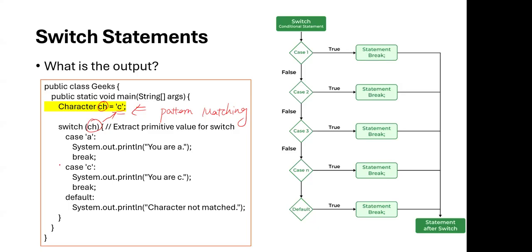And then it matches this case. As long as it matches some case, it will not fall into the default. So the program will output the letter C in the console. That is the switch statement. What you have to know is that the switch statement is a certain kind of pattern matching.